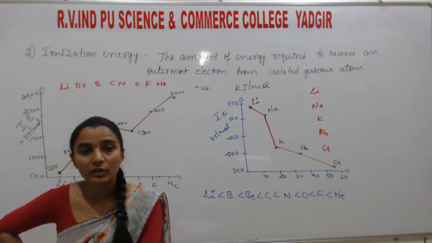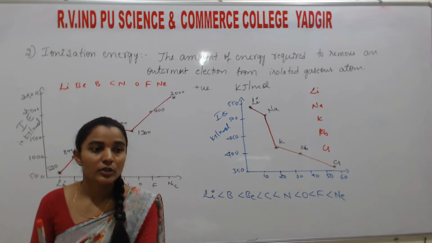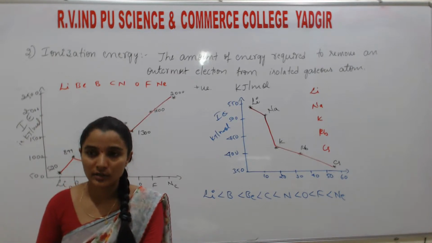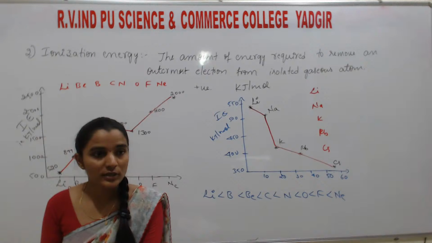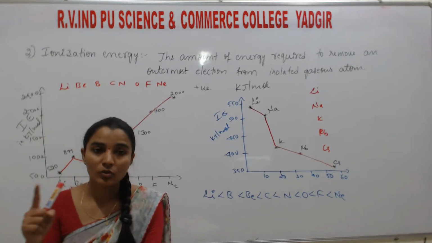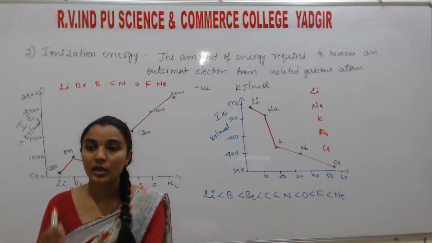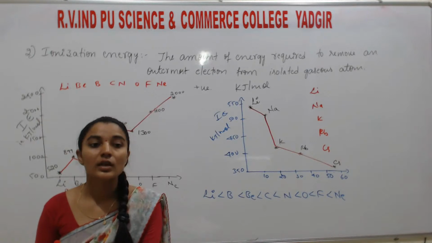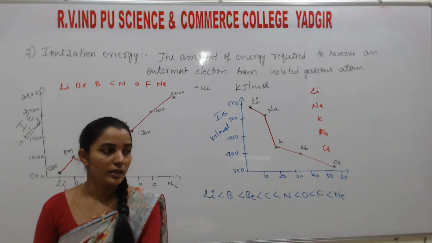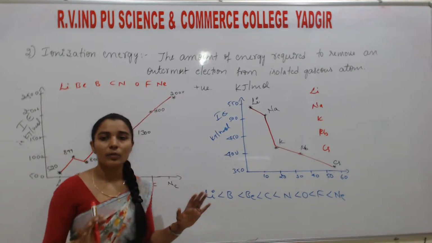Another reason for increase in ionization energy: if the size decreases, effective nuclear charge increases. If charge is more, nuclear force is more, then we require more energy. If effective nuclear charge is more, energy required is also more. If effective nuclear charge is less, energy required is also less. This thing you have to know thoroughly.